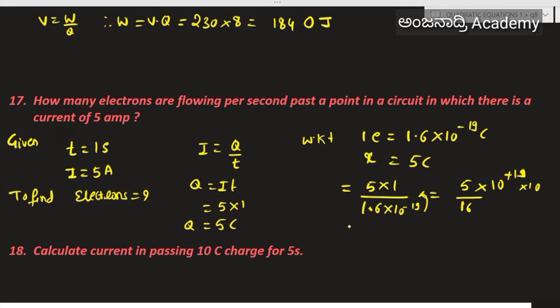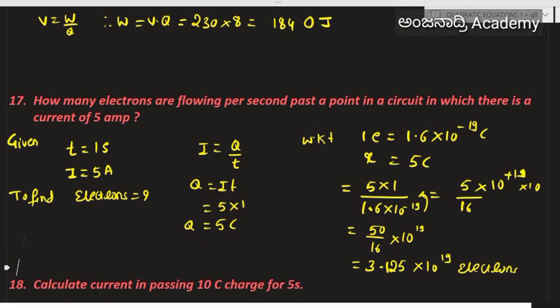Therefore it becomes 5 into 10, 50 divided by 16 into 10 to the power 19. See, 16 ones are 16, 16 threes are 48, and 2 is remaining. 3.125 into 10 to the power 19 electrons are there in the given problem.